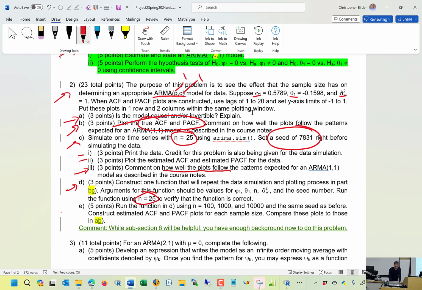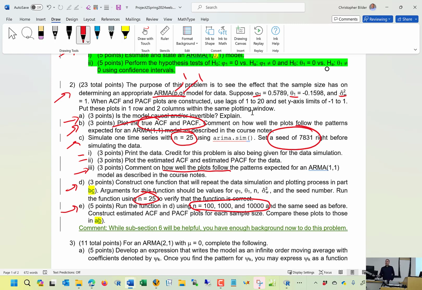Then, using this function now, with these sample sizes, do the same thing. So with n equal 100, get the estimated ACF and PACF. Compare it to what the true ACF and PACF are. N equal 1,000. Get the estimated ACF and PACF. Compare it to what the true is. And then do it again for 10,000.